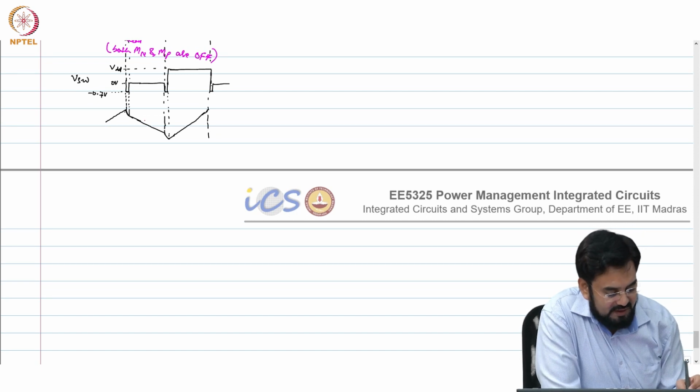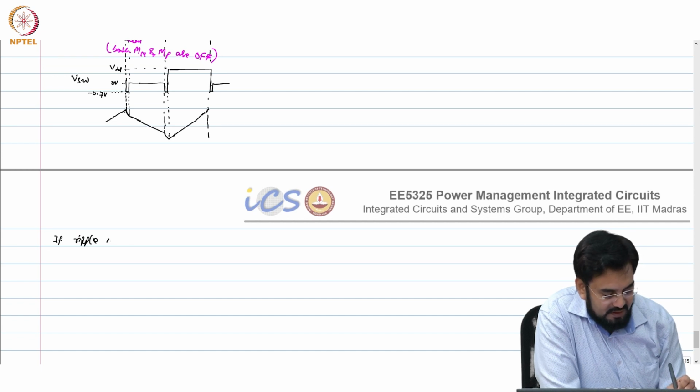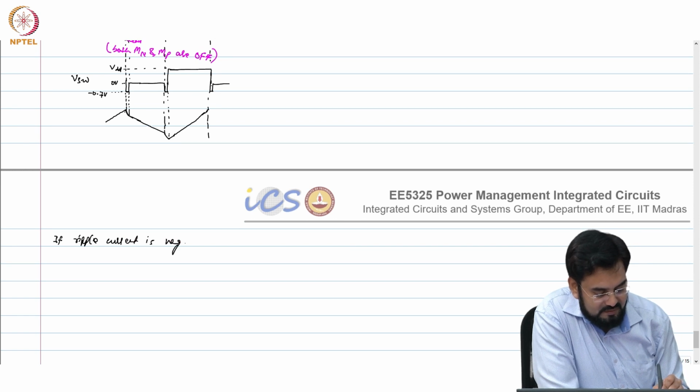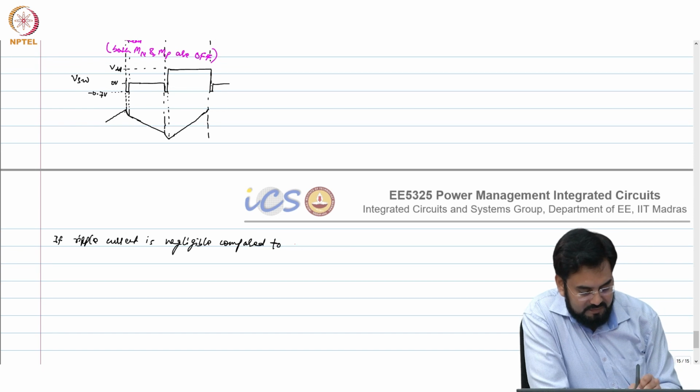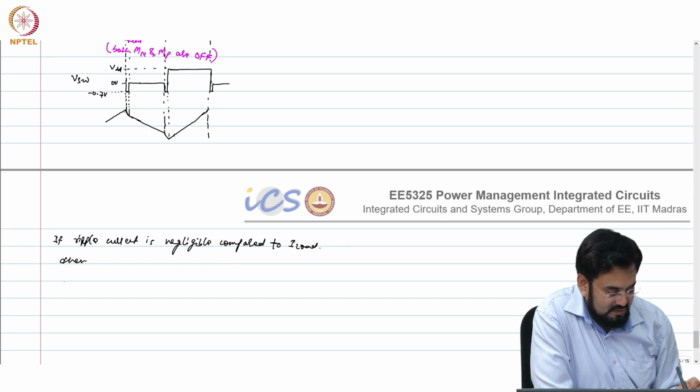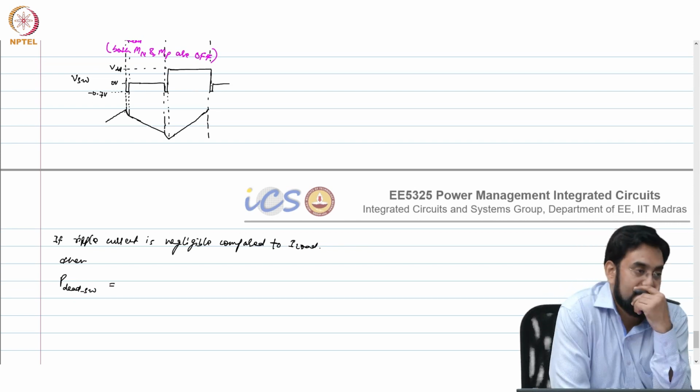So if I want to calculate, if ripple current is small compared to high load, then what will be the PDED, the dead time switching loss? What will that be?